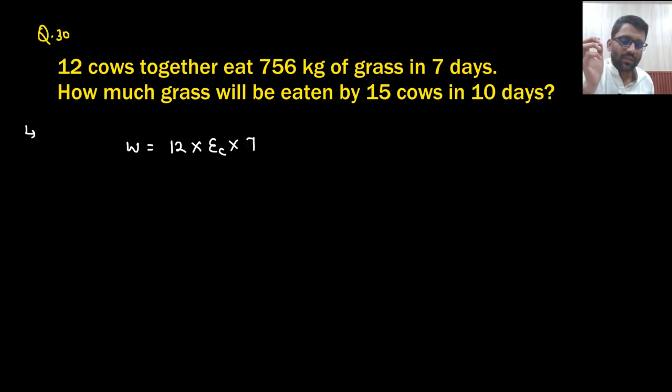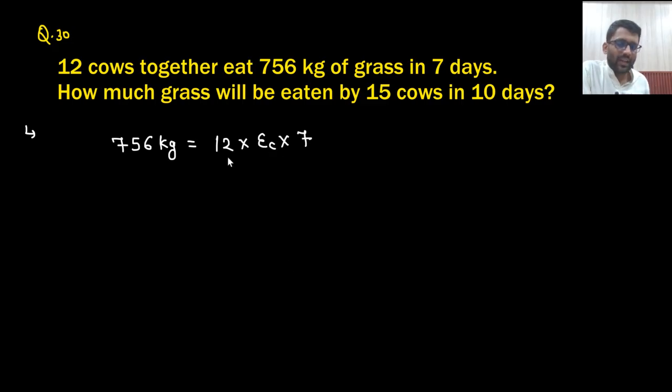What is the work? 756 kg is being eaten by 12 cows working with their complete efficiency for 7 days. What is the work? Eating 756 kg of grass.